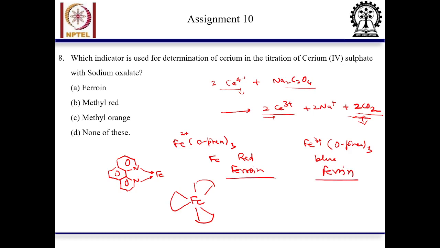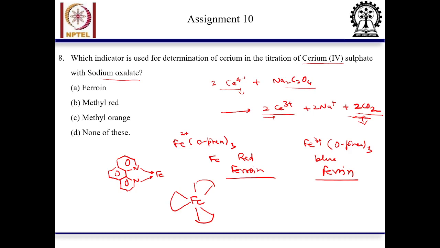So you can detect the end point by the color change from red to blue. So cerium 4+, if you are doing the titration with sodium oxalate, you add a pinch of ferroin and ultimately you will see the color. Sweta, is it clear why we are using the ferroin?